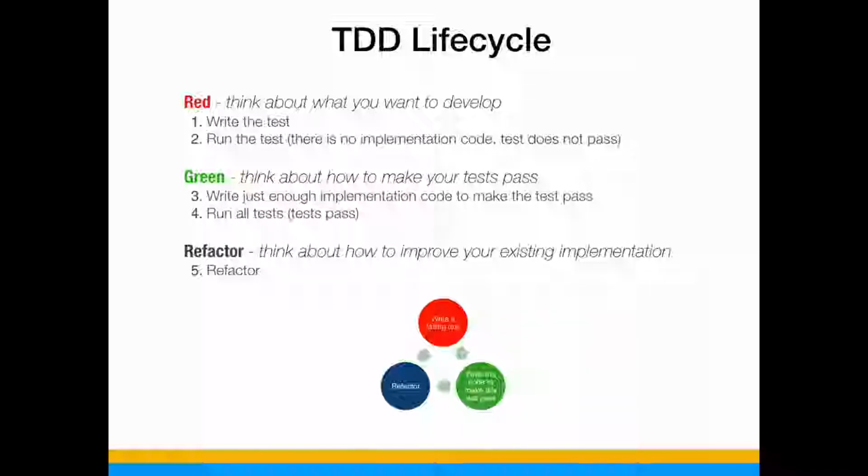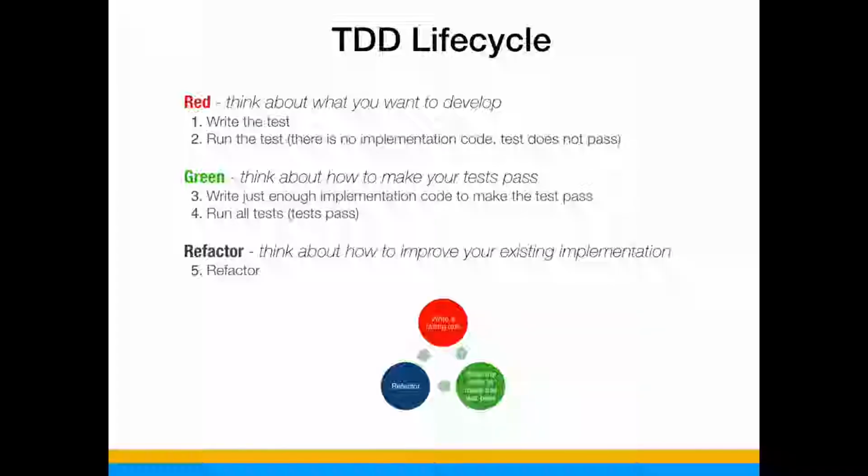The red stage, which means that you've got to think about what you want to develop, meaning the test. You are going to write the initial simple test. Then on the green stage, you're going to think about how you're going to solve the problem. That means writing just enough code to make the previous test pass.